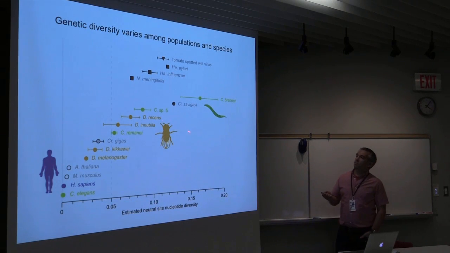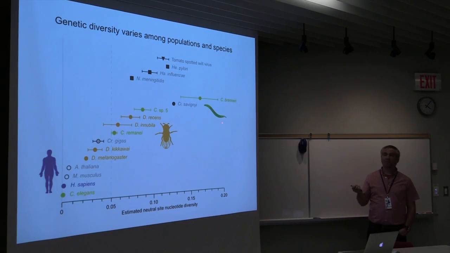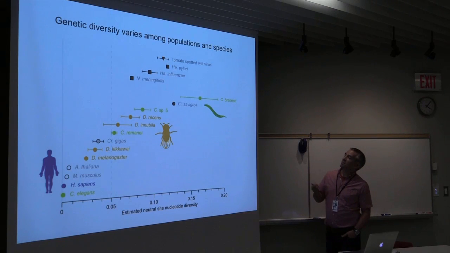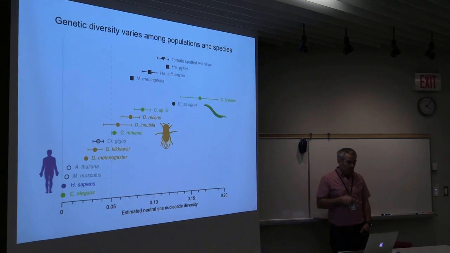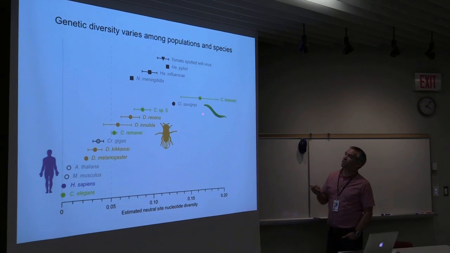You might recognize some model organisms, with different species of Drosophila, and until recently, my favorite system, Caenorhabditis. I also want to point out that there is a lot of variation even within a single genus.